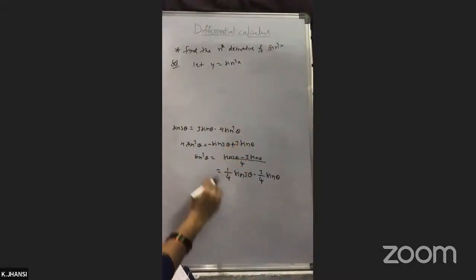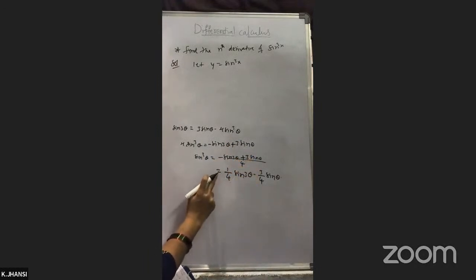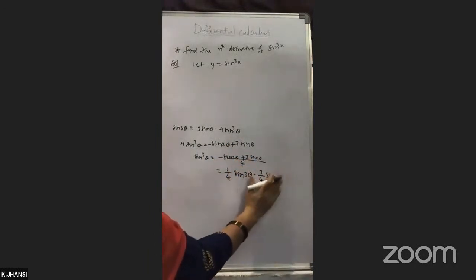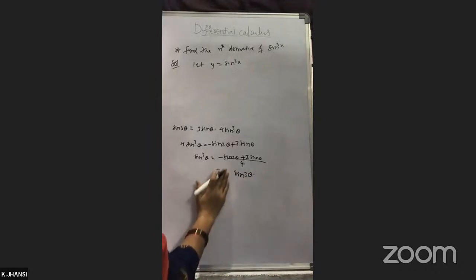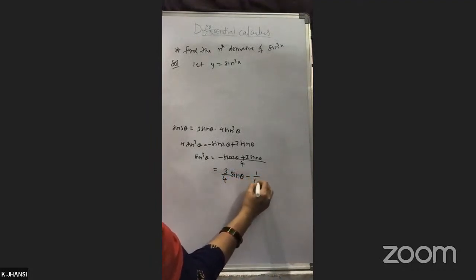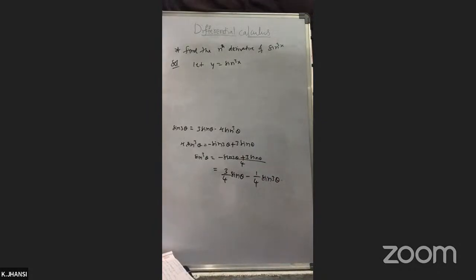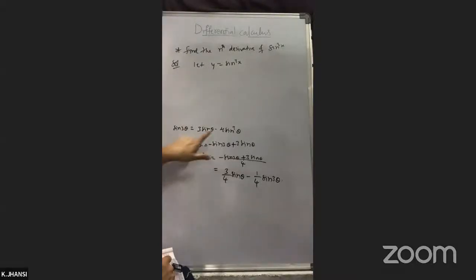So convert this: it equals 3 by 4 sine theta minus 1 by 4 sine 3 theta. Correct, no? Here it is 4 sine cube theta with a minus sign, so here it is positive, and this side you get minus sine theta.